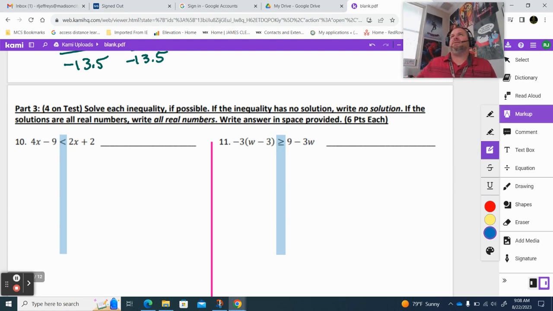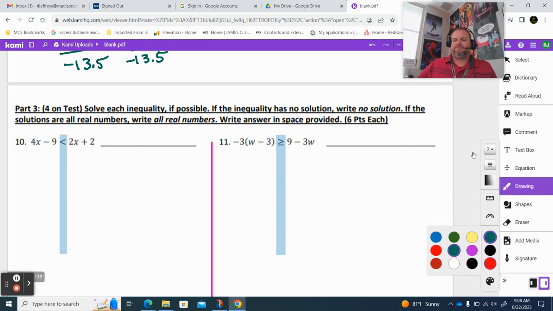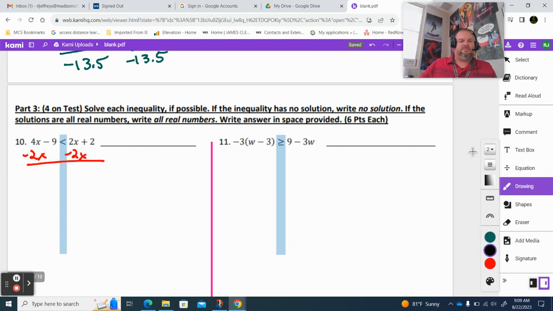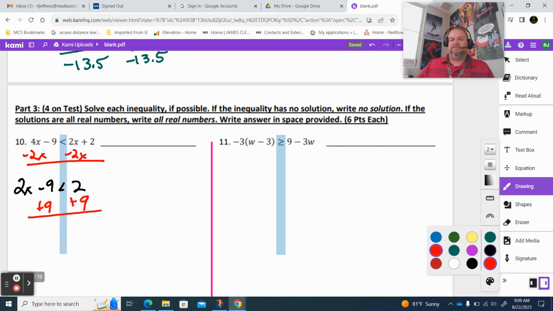It was probably Wednesday or Thursday last week that we did these. And on the handout, I actually had the 5 steps. Move the variables to the left. Move the constants to the right.